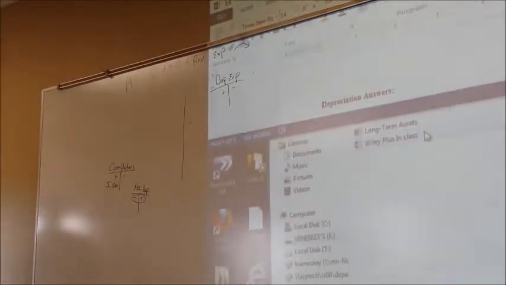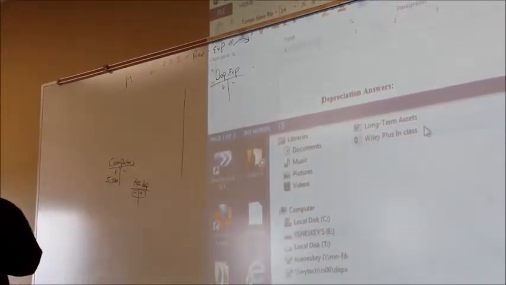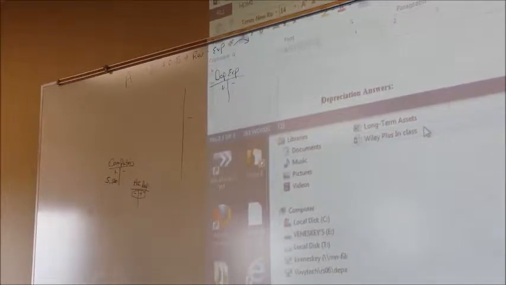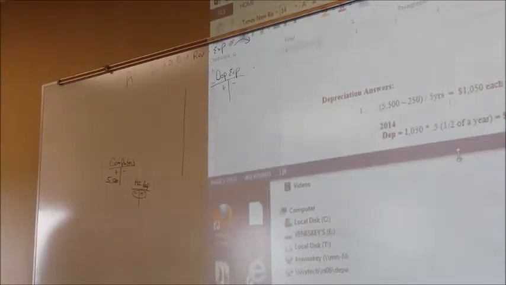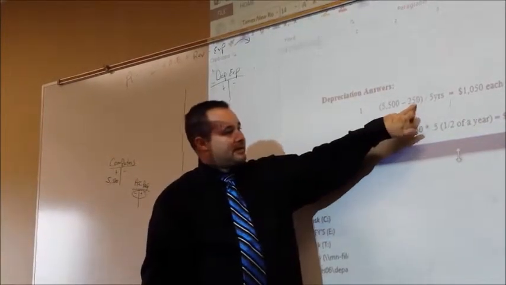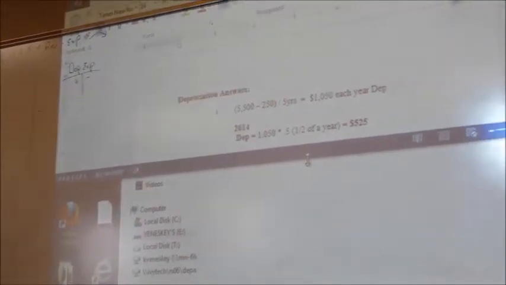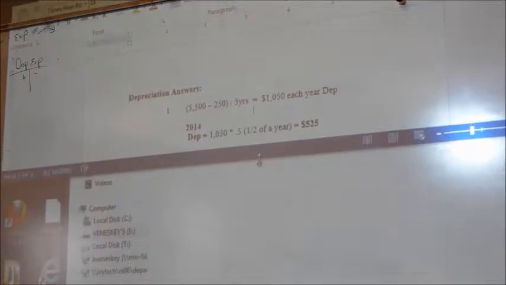Anybody get the depreciation expense yet? Would be 750. Not 750. Cost of our asset less the salvage value over the useful life gives us 1,050 for a yearly basis.